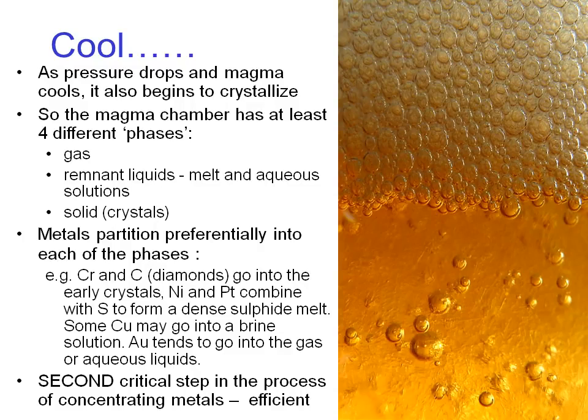Nickel and platinum combine with sulfur to form a dense sulfide melt that collects at the bottom of the magma chamber, like water in oil. Some of the copper may go into a brine solution and rise to the top of the chamber. Gold tends to go into the gas or aqueous liquids and also concentrate at the top of the magma chamber. So this partitioning provides the second critical process in concentrating metals to potentially economic grades.